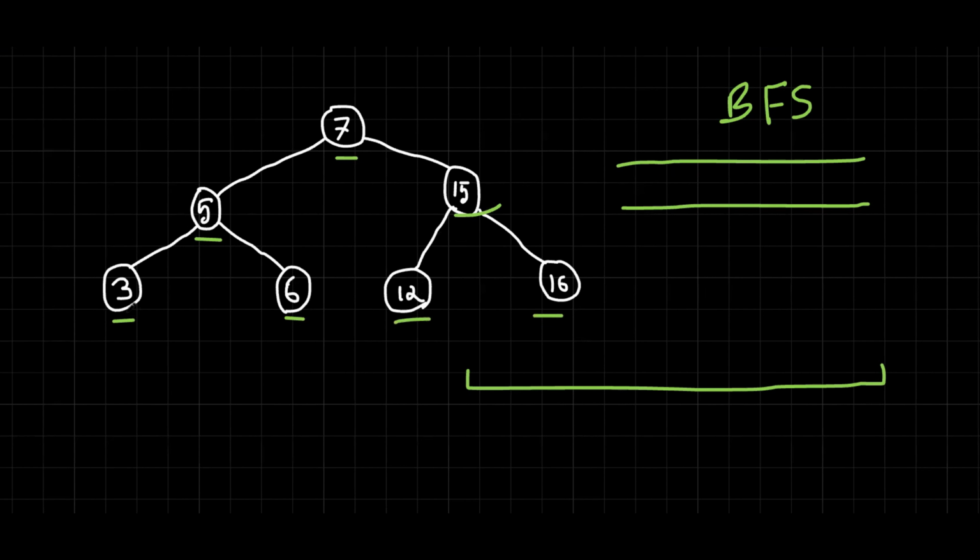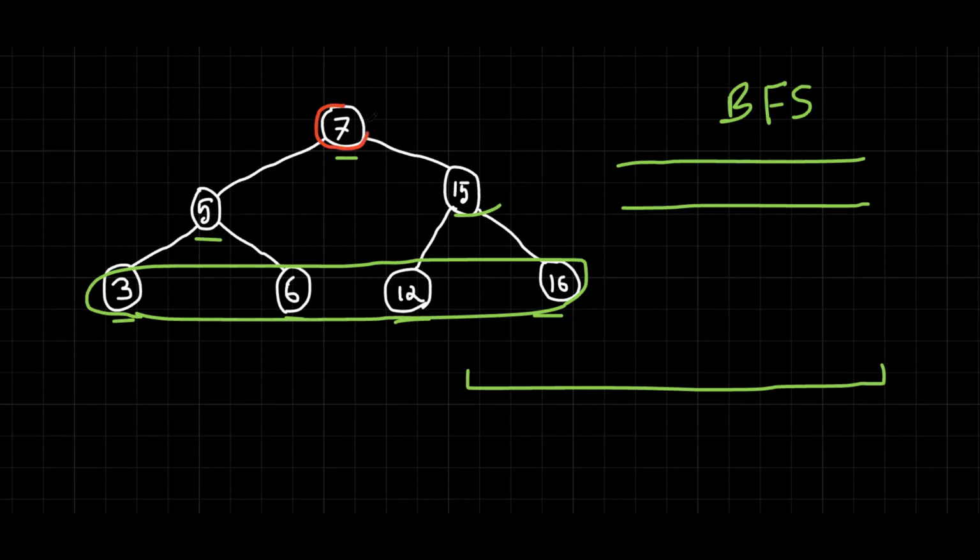Now here, these 3, 6, 12 and 16 are the deepest level. So we have to return the lowest common ancestor of this deepest level. So what is the lowest common ancestor of this deepest level? It is node 7.